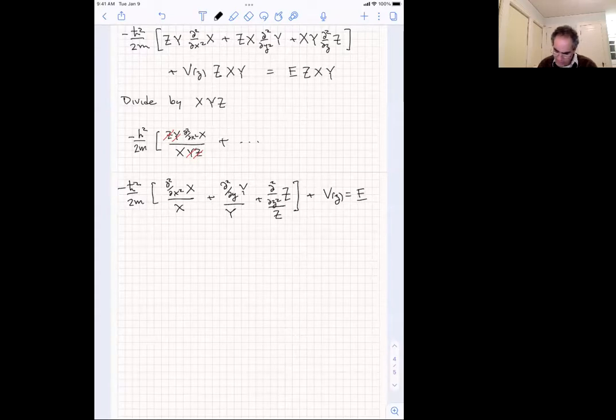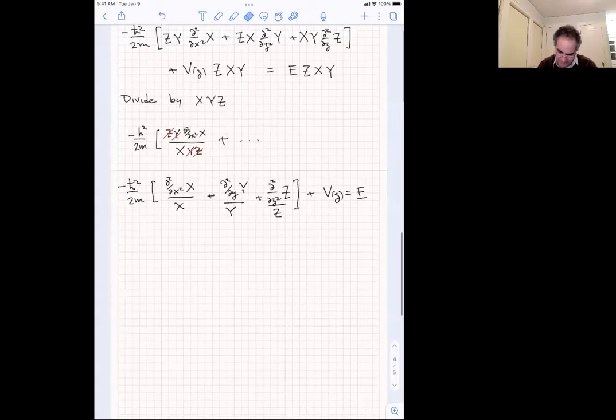And now we're going to do one more thing. We're going to divide this into pieces. Each piece only depends on one variable. Just want to be careful enough to make sense of what we're doing here.